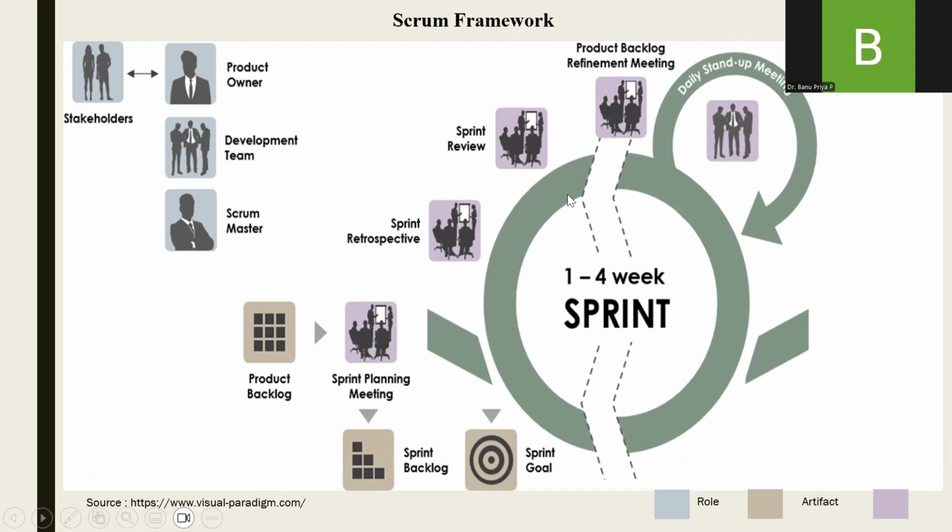After the sprint review, if there are some gaps, the sprint retrospective will address them: what is the gap and what has to be done to fill the gap. All these will be carried out in the sprint retrospective. Similarly, each sprint will be completed so that the complete product will be delivered to the customer. This is the Scrum framework.